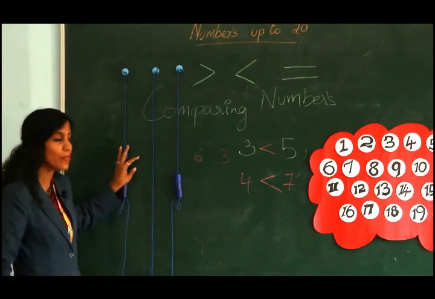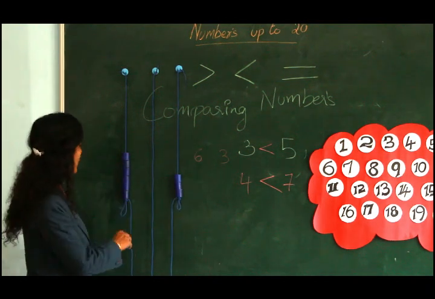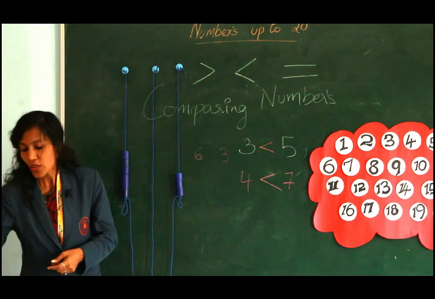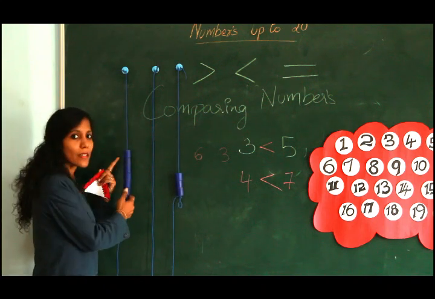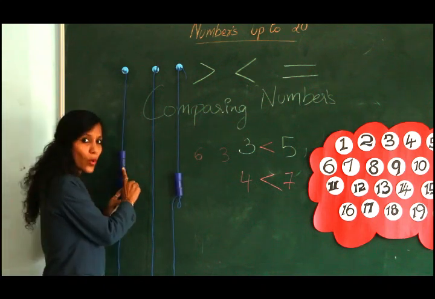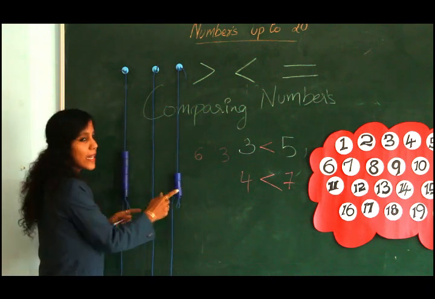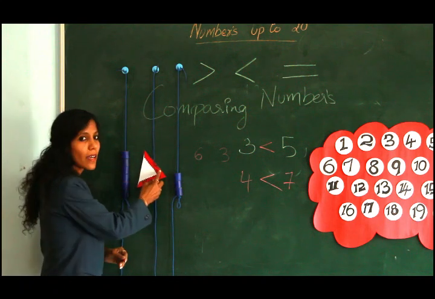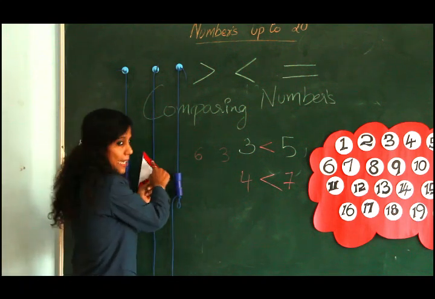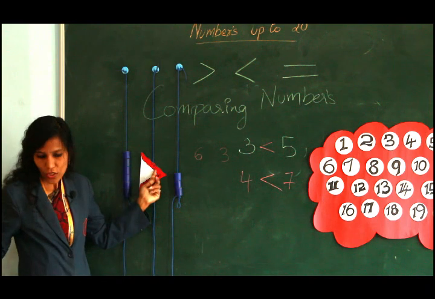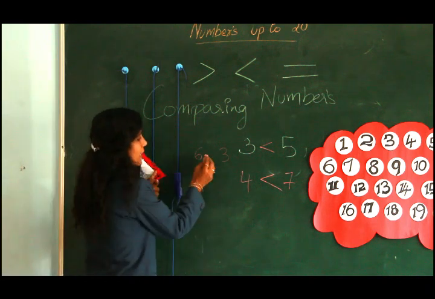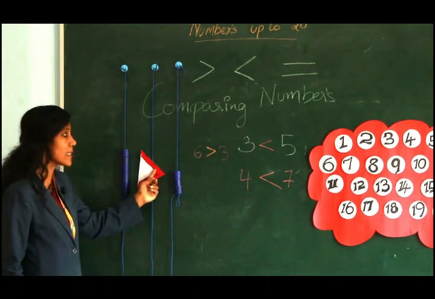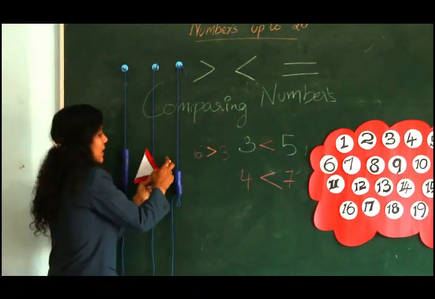So here we have 6 beads, here we have 3. 1, 2, 3, 4, 5, 6. 1, 2 and 3. So what comes here? Here the number towards left is more than the number towards right. So we have the alligator's open mouth towards right. Yes, the alligator's open mouth towards right. So we write it as 6 is greater than 3.